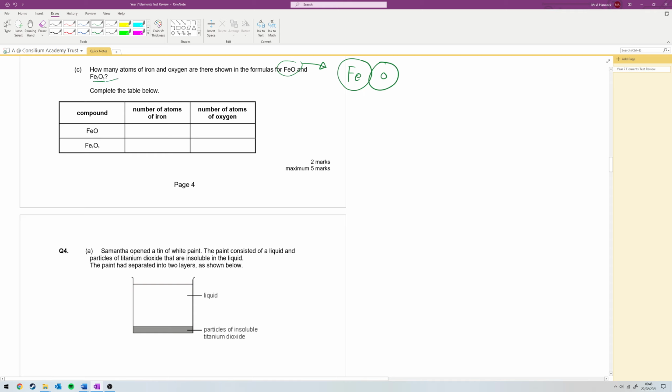This second type here is two atoms of iron and three atoms of oxygen. Okay. So how many atoms of iron is in the first one here? Well, there's one atom of iron and there's one atom of oxygen. If you didn't want to draw it out, remember that if there isn't a number afterwards, it counts as a little 1. And for the second one, there are 2 atoms of iron and there are 3 atoms of oxygen.